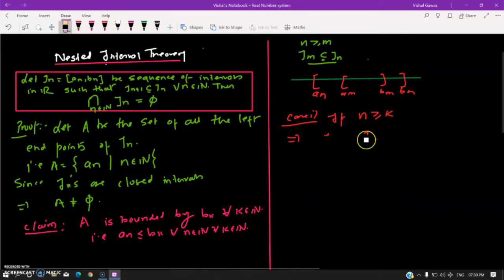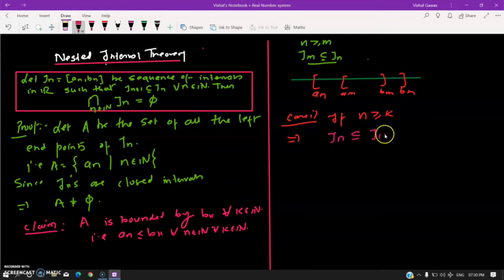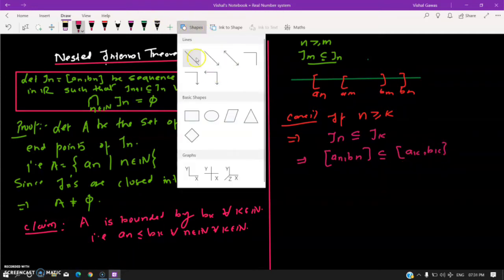If n is bigger than k, then Jn would be contained inside Jk. This would imply that Jn, which is an comma bn, would be contained inside ak, bk.